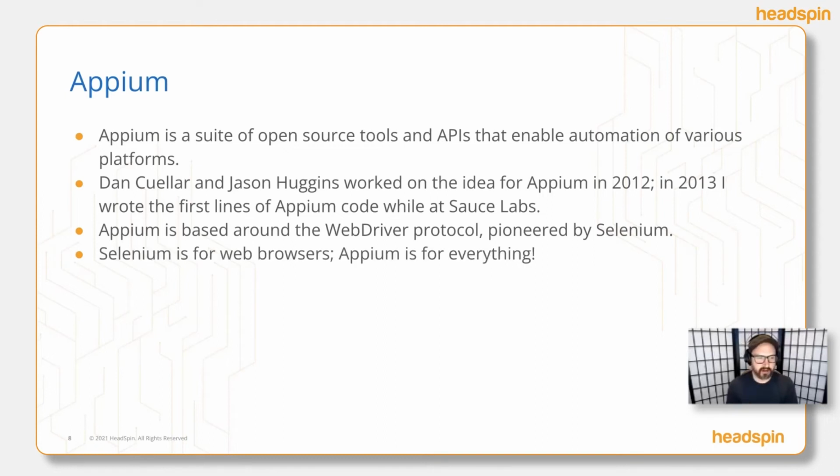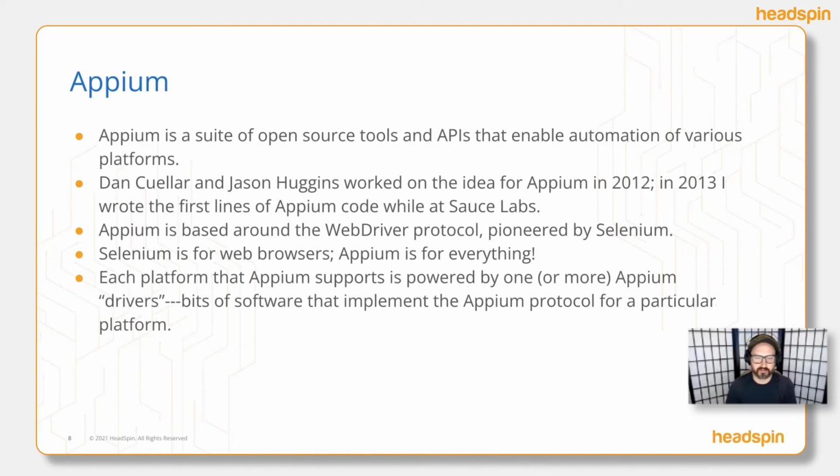So as I already mentioned, Selenium is for web browsers, but Appium's vision is that it extends the WebDriver protocol to everything. So you can use Appium to automate web browsers. You could use Appium to automate mobile devices. You can use it to automate TVs, all kinds of stuff. So the way that Appium satisfies this vision is by thinking about support for a particular platform as being powered by a particular piece of software called an Appium driver.